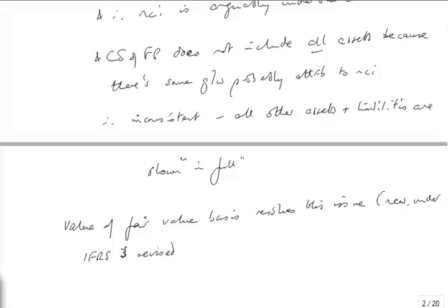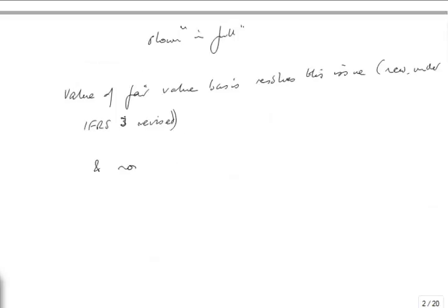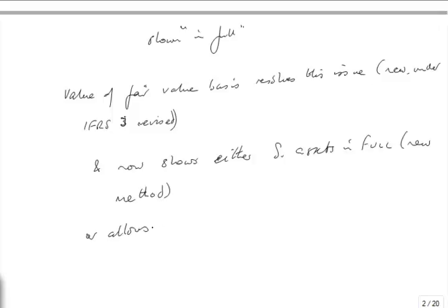It addressed this anomaly, this inconsistency, and now shows either subsidiary assets in full, that's the new method, or allows a continuation of the old method, i.e. on a proportional basis. This is much too much for 2 marks.